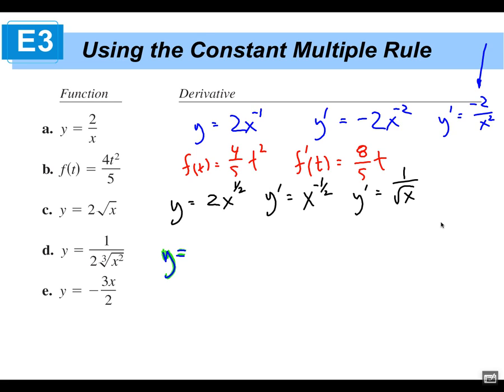There we go. Okay, how do I rewrite D? Amanda? 2x to the negative 2/3. I'm sorry, that is incorrect. Close though. Is it 1/2 x? There you go. 1/2 x to the negative 2/3. Okay, Amanda, so what's y prime?